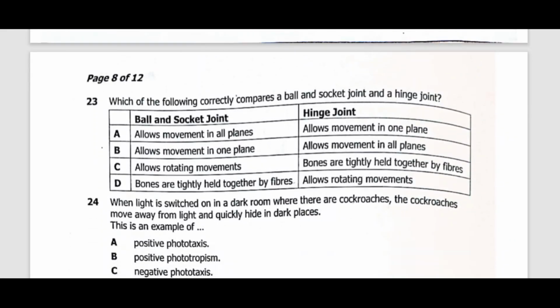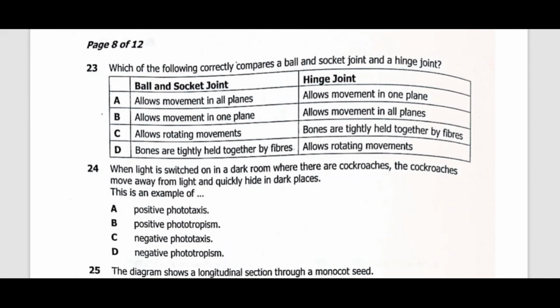Let's go to question 23. Which of the following correctly compares a ball and socket joint and a hinge joint? So ball and socket, A, allows movement in all planes. This is true. Hinge joint allows movement in one plane. This is also true. So the answer is A.